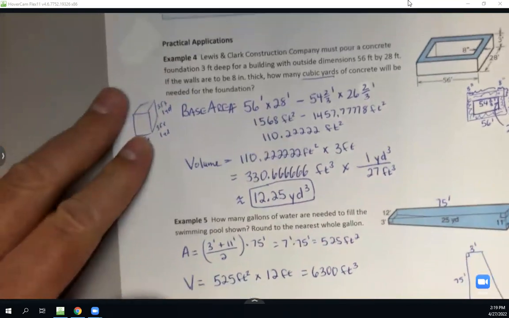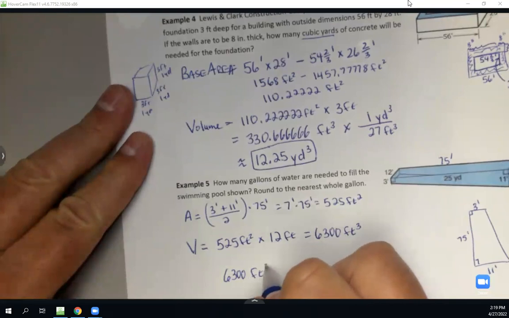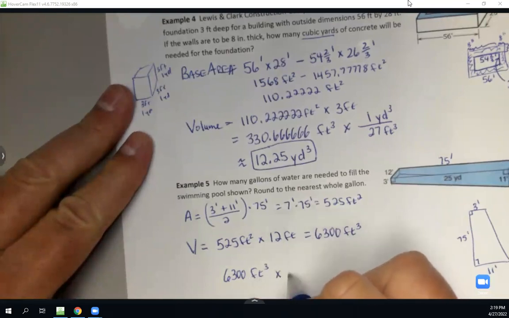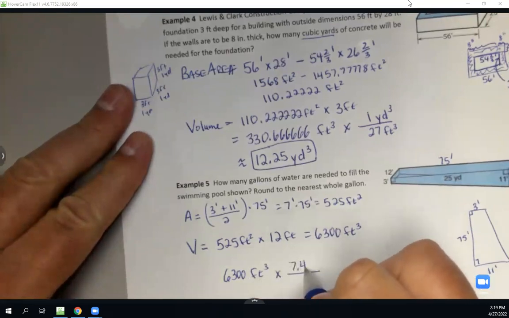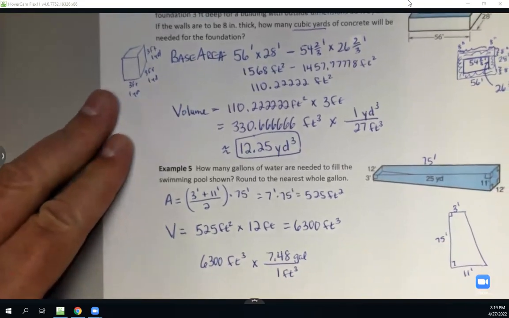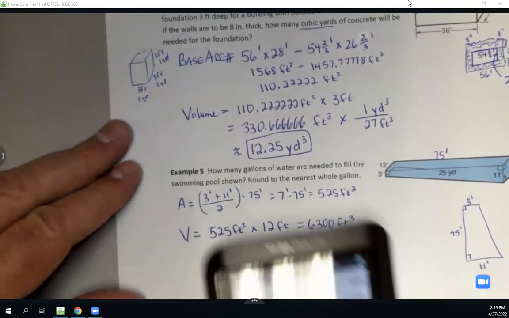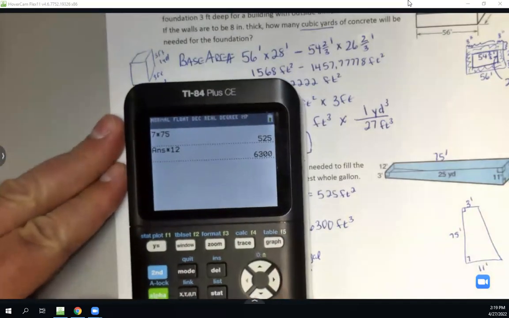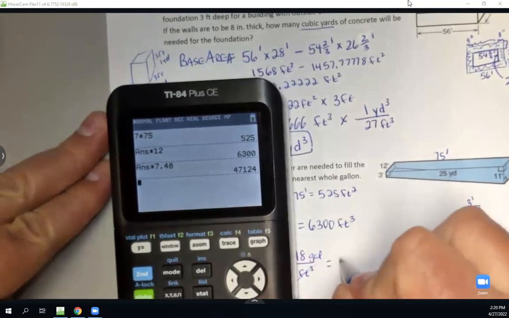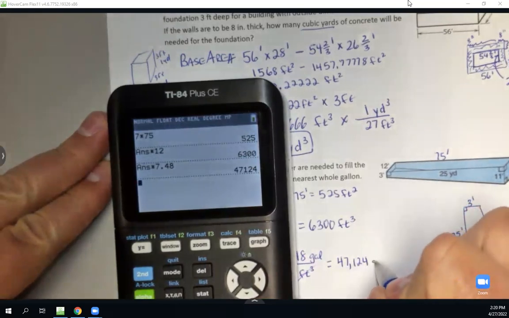So I have 6,300 cubic feet, and I know that there's 7.48 gallons in 1 cubic foot. So that's going to cancel out cubic feet, and that will give me gallons. So 6,300 times 7.48, that's about 47,124 gallons.